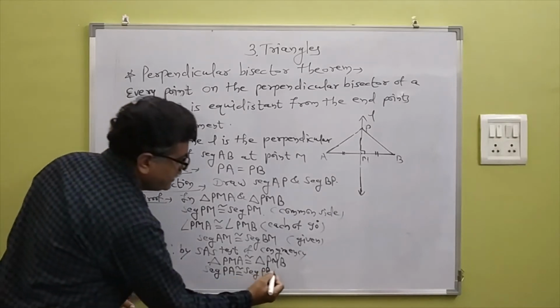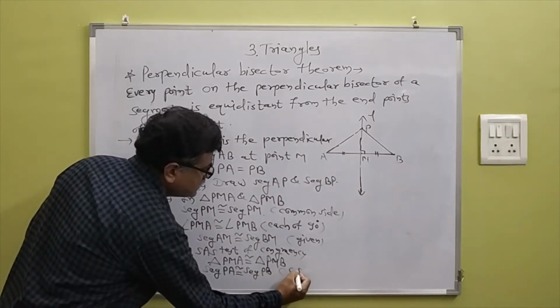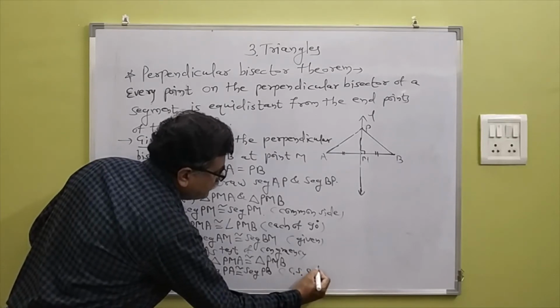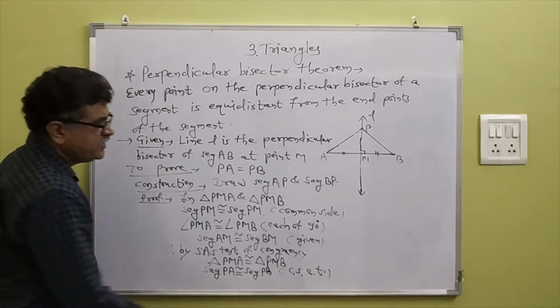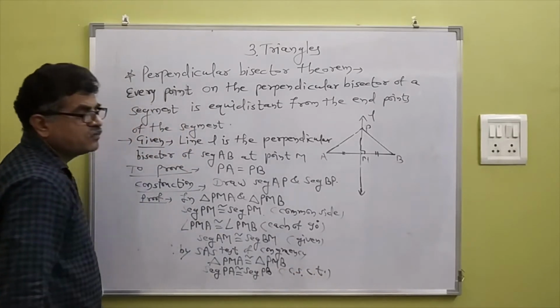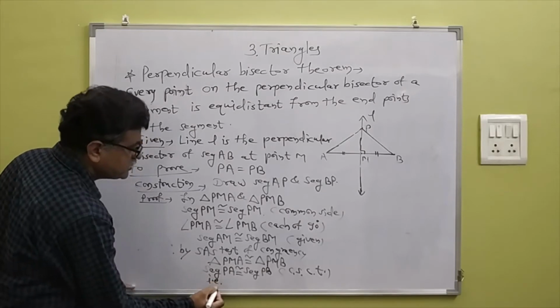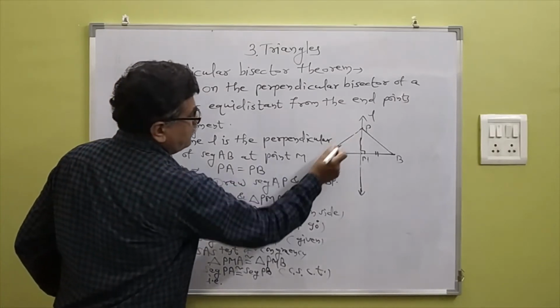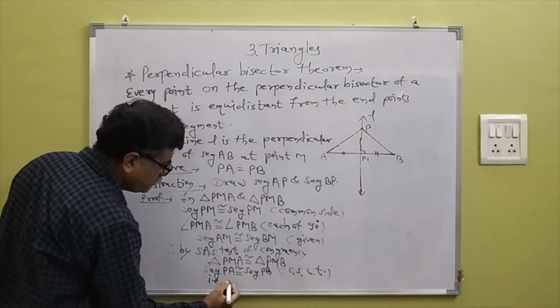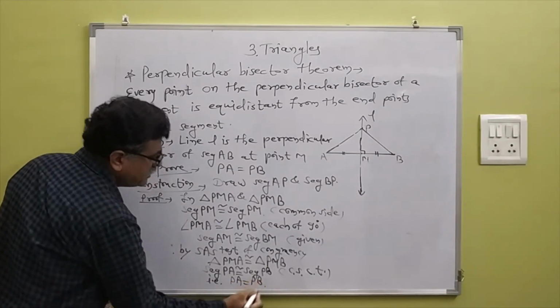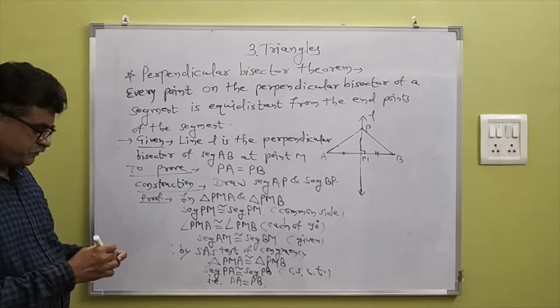Write down in bracket CSCT, corresponding sides of congruent triangle. That is, these two segments are congruent, therefore we can write this as PA is equal to PB. This is the proof.